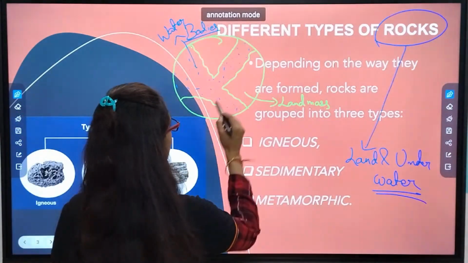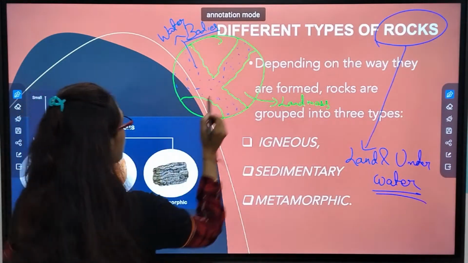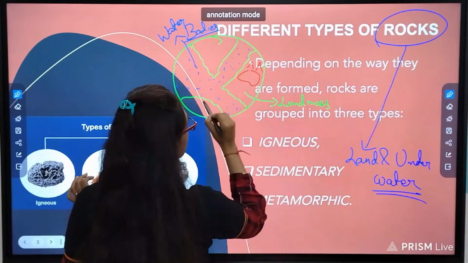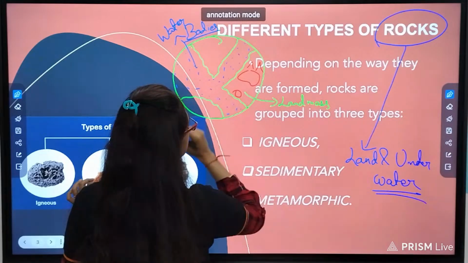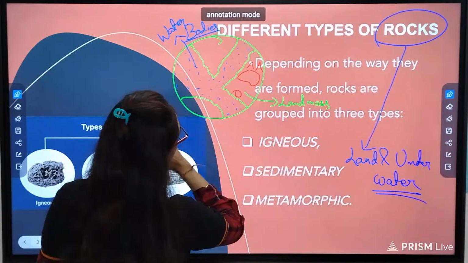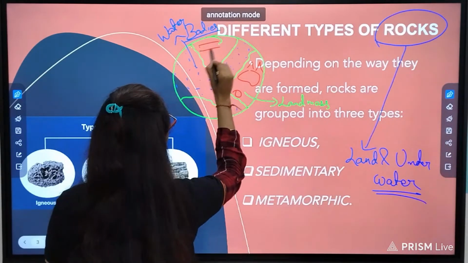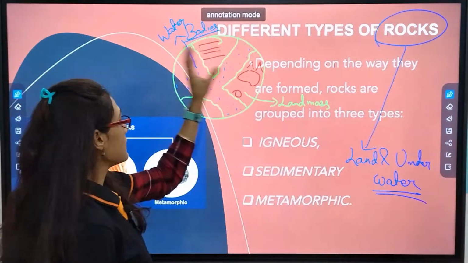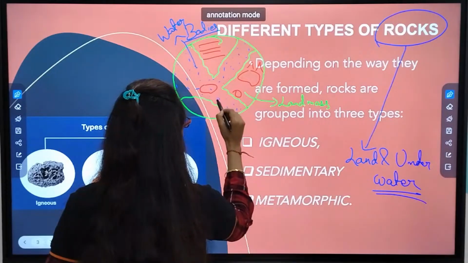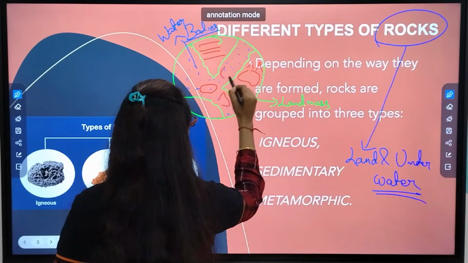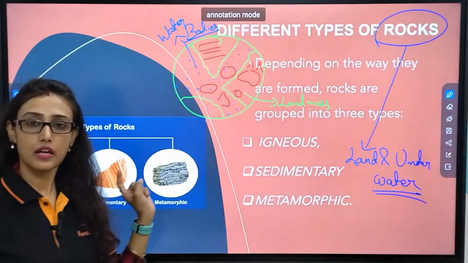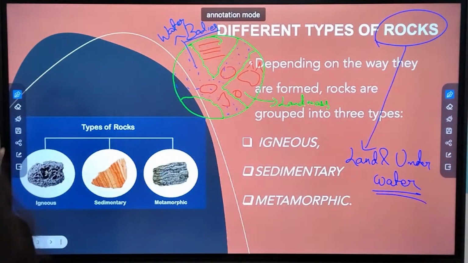In the land masses, there are mountains, plateaus, deltas, then plain areas, everything has rocks. Even underwater, there are mountains, there are caves, everything is formed of rocks. Understood? I hope you have.